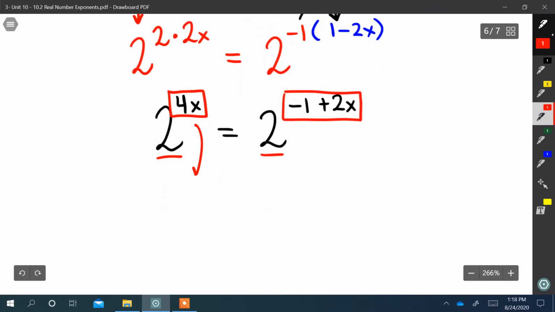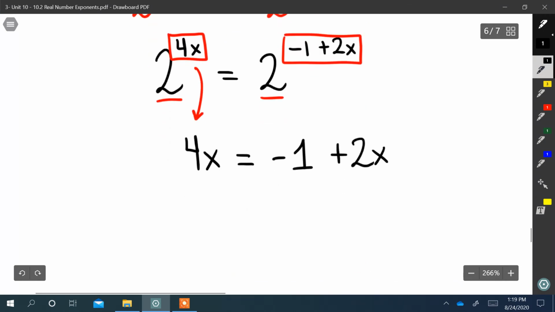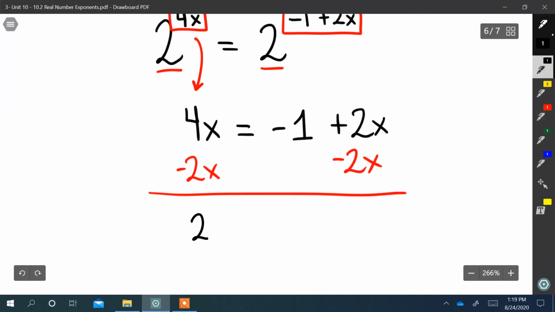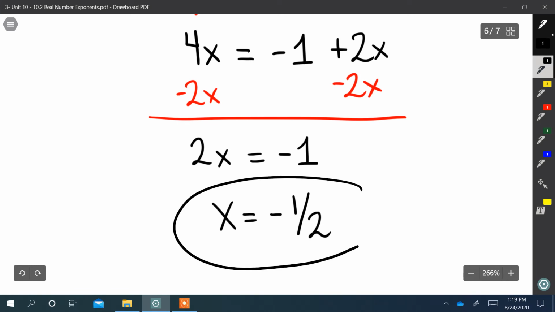So now let's go ahead and write that down. We have 4x will need to equal -1 plus 2x. In this problem, I could subtract 2x on both sides. That's going to give me 2x is equal to -1. Finally, divide by 2 and you get -1/2, or -half.